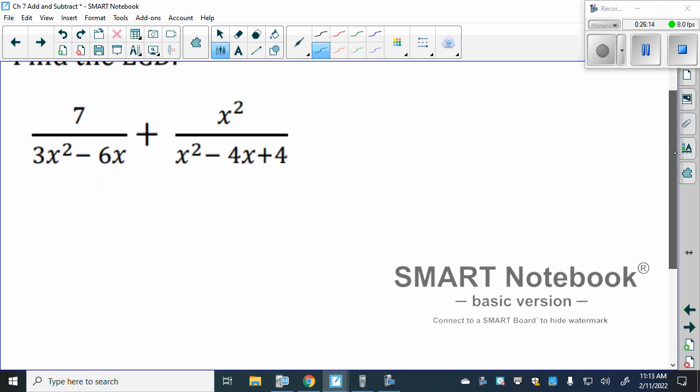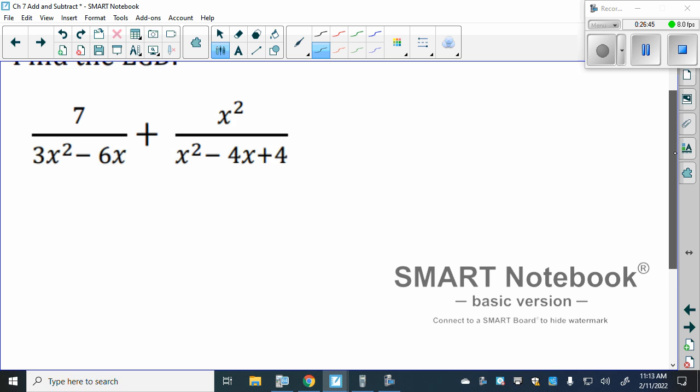Now let's look at this one here. Well, we can see that the denominators aren't the same, but we're not going to be able to just multiply the left one, the 3x squared minus 6x, by the x squared minus 4x plus 4. And we shouldn't just jump ahead and say that x squared minus 4x plus 4 needs to be multiplied by the 3x squared minus 6x, because if there is a common factor that they share, we would be adding an extra one in.